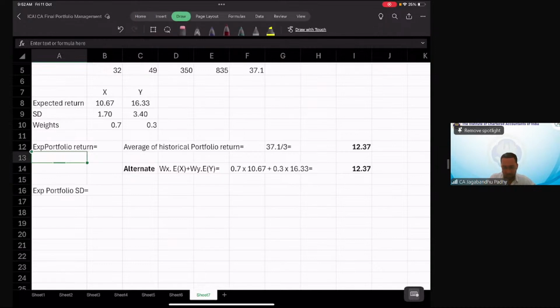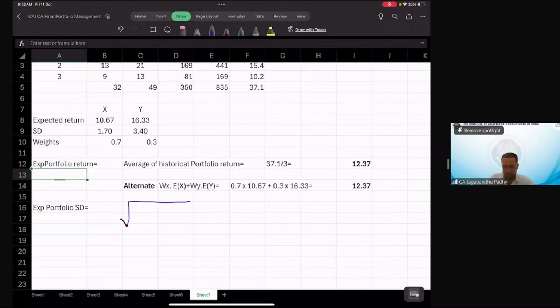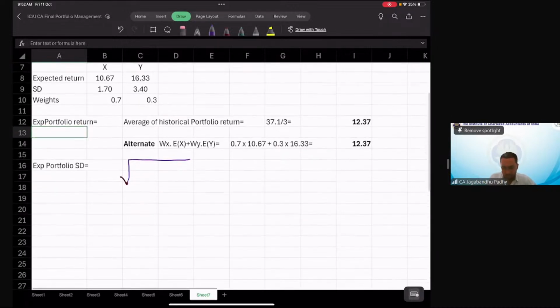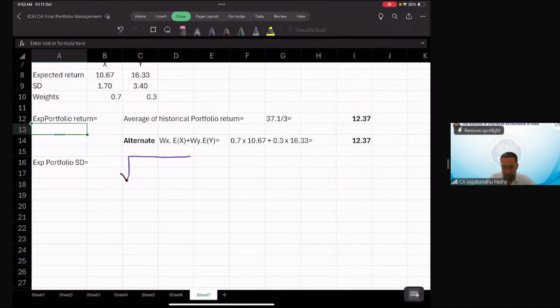Expected portfolio standard deviation is calculated as square root of return of portfolio square upon n minus expected return of portfolio square, and then we take a square root of it, right?